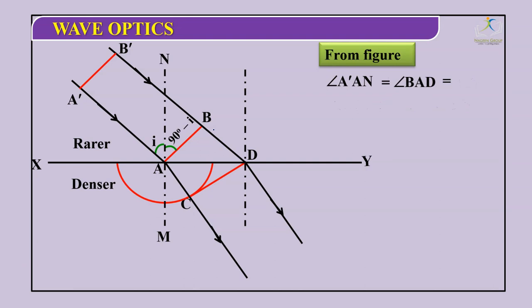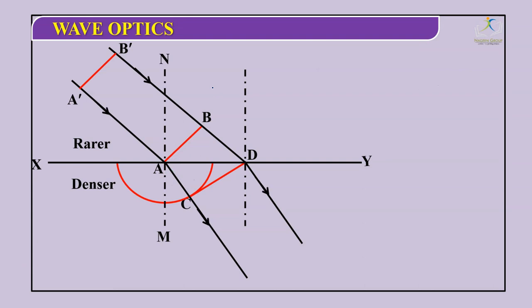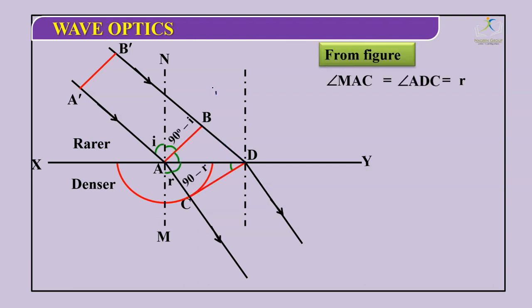So we can say angle A'AN is equal to angle BAD, which is equal to I. Angle MAC plus angle DAC is equal to 90 degrees. Angle DAC plus angle ADC is equal to 90 degrees. So we can say that angle MAC is equal to angle ADC, which is equal to R.